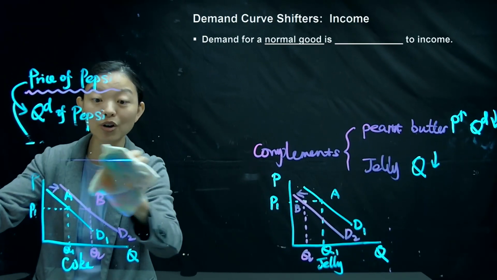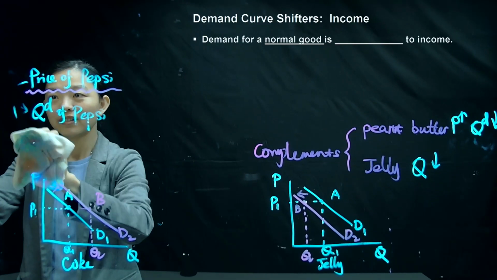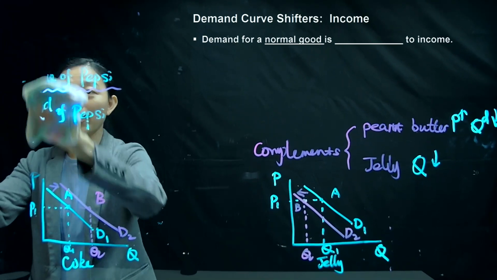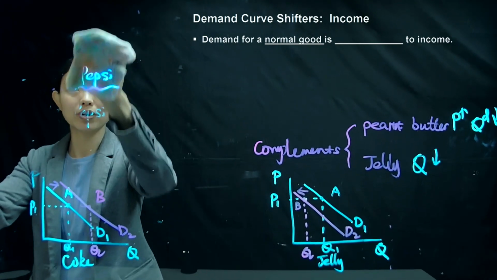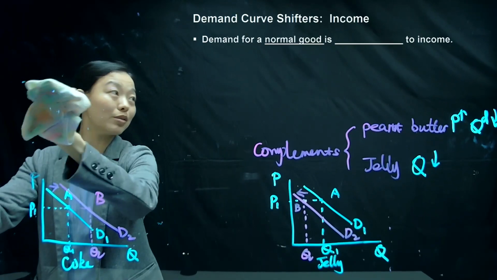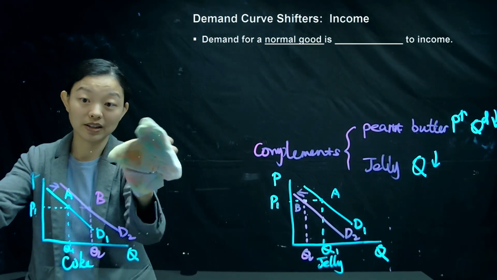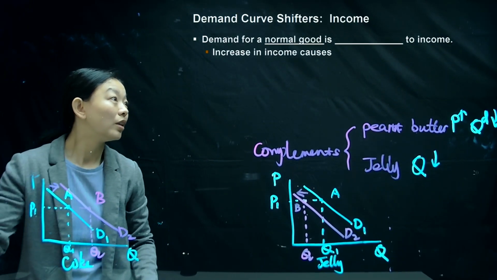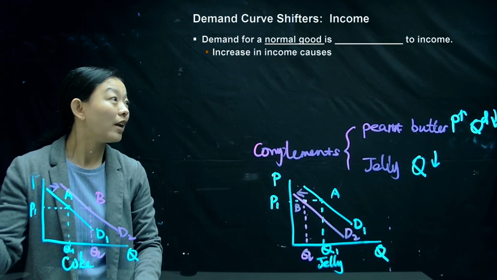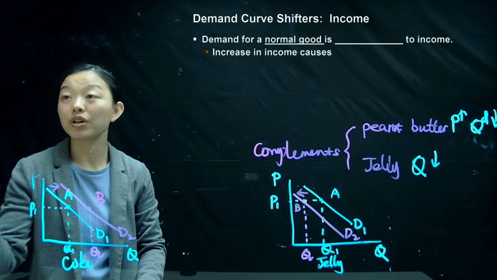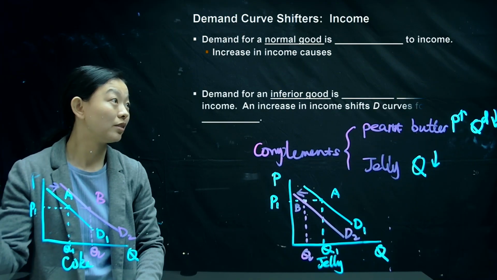We can treat them as normal goods. When income increases, you buy more of those products, so they are positively related to income. An increase in income will cause an increase in demand for those products.